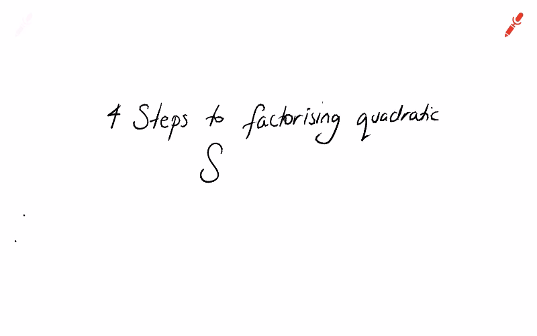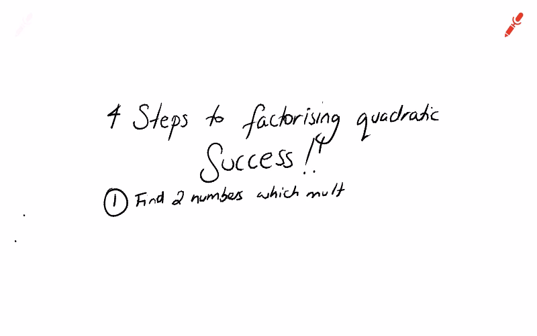Now, just to recap, let's have a look at those 4 steps to factorising monic quadratic expressions. First of all, we have to find two numbers which multiply to give the last term c and add to give the middle coefficient b.